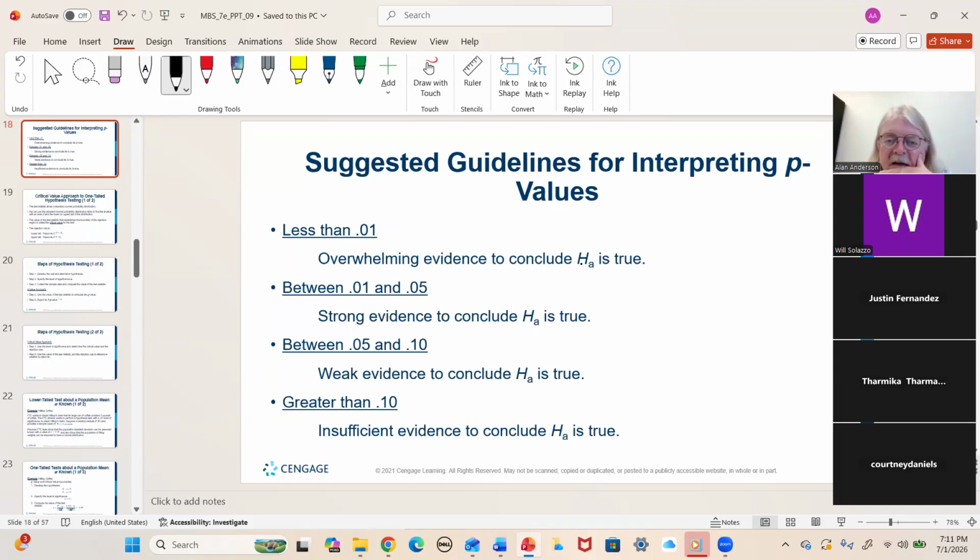More often than not, you would have said instead that the null is false in all these three cases. But all right, this is what they decided to do.